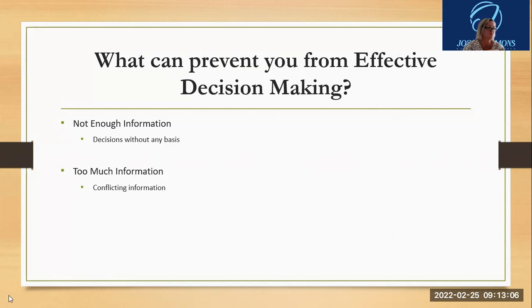The next problem that we face with decision making is too many people. Sometimes any decision is better than none. For example, if you're on a committee, making decisions on a committee can be very difficult. Everyone has their own views, their own beliefs, their own values, and they bring those to the table.